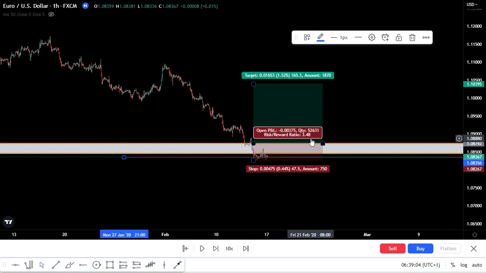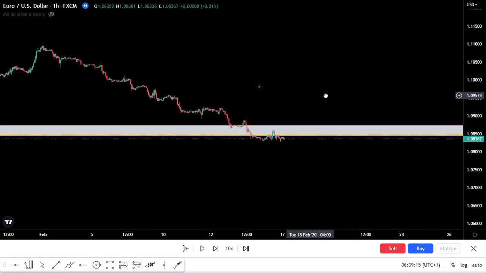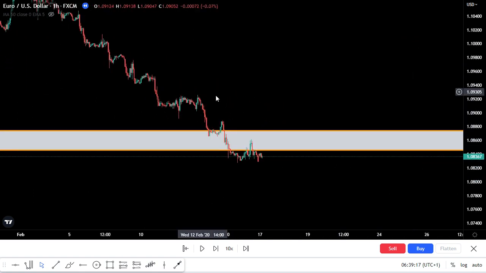So by now your stop loss has been triggered. And another thing you need to observe, one of the reasons why you should not enter this trade is that the price is clearly giving you that bearish movement. The price is still creating those lower lows, lower highs, lower lows, lower highs. So you don't even need to think of entering your trade here.